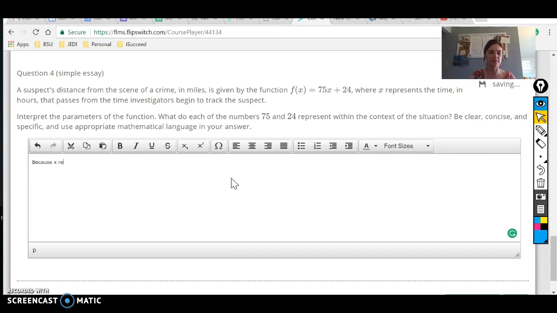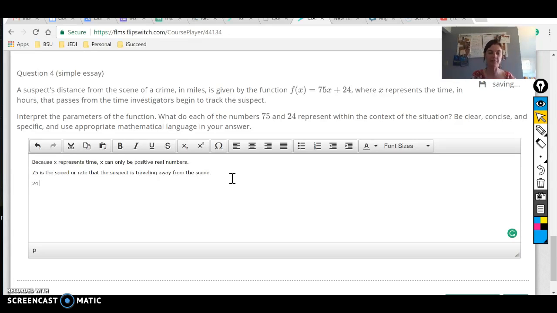Because x represents time, x can only be positive real numbers. 75 is the speed or rate that the suspect is traveling away from the scene. That's the slope of our line, so it's our rate of change.